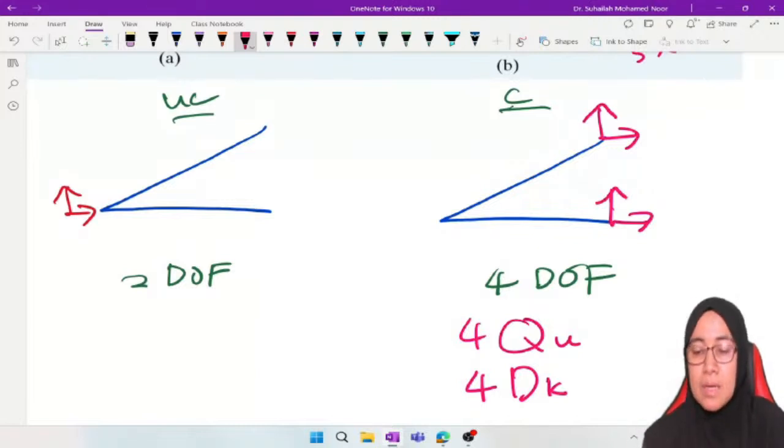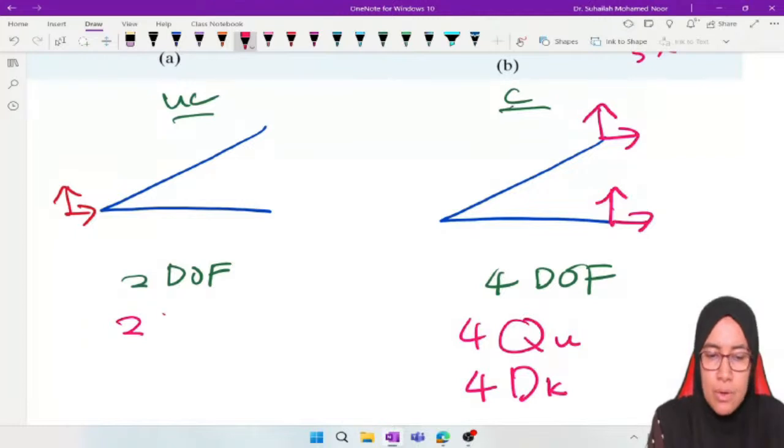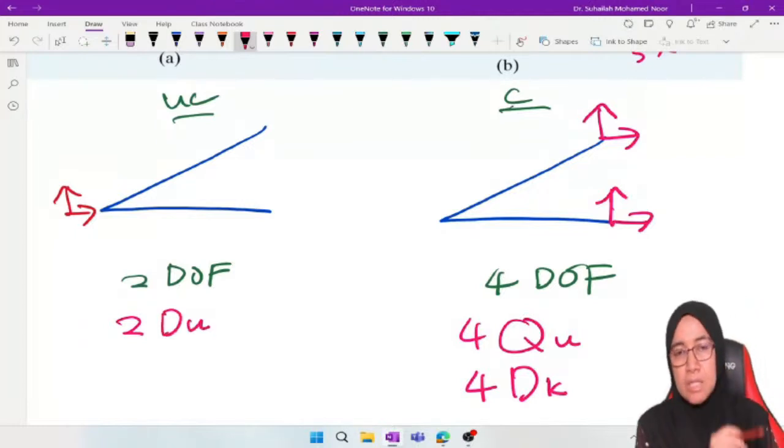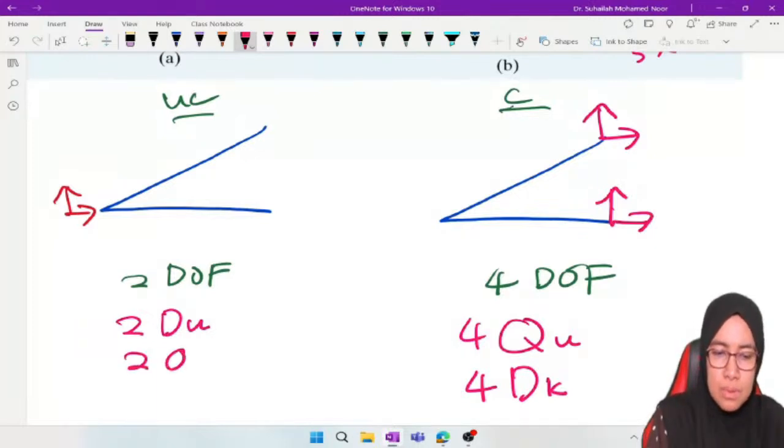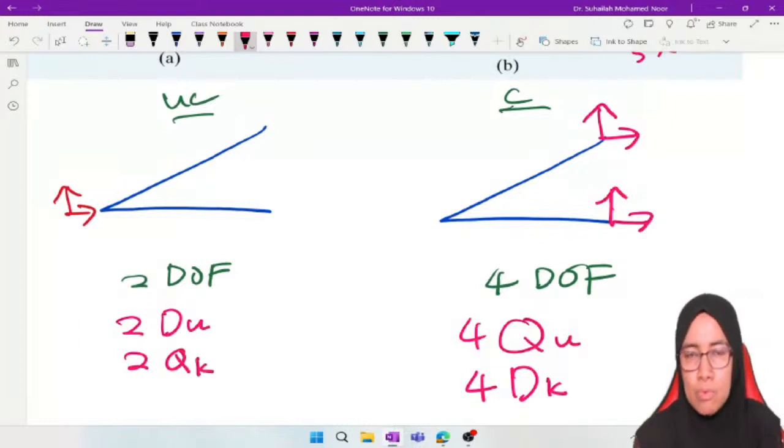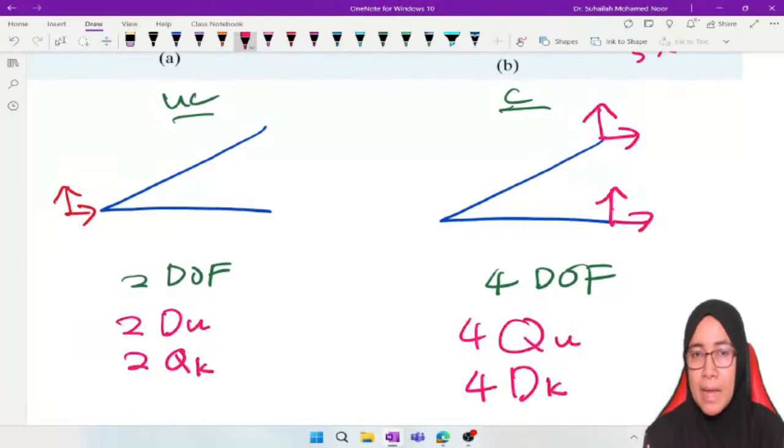For the unconstrained system, we have two unknown displacements, U for unknown, and two known forces, Q. So this is how we read the information from the degrees of freedom between constrained and unconstrained.